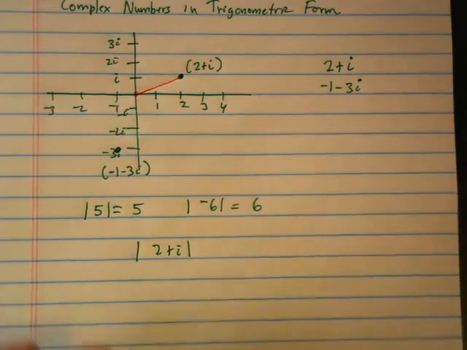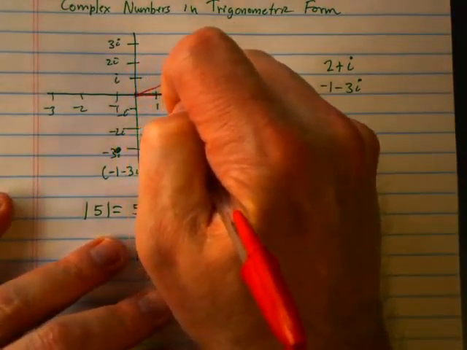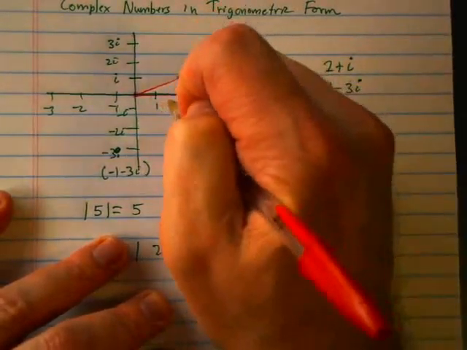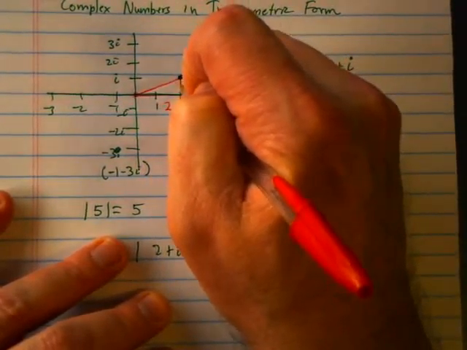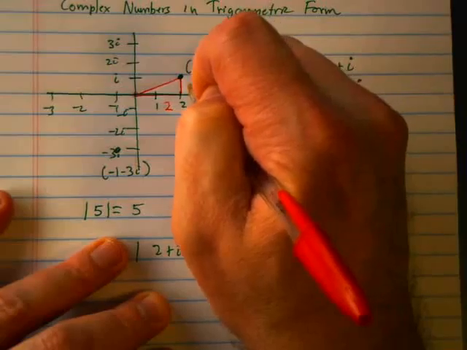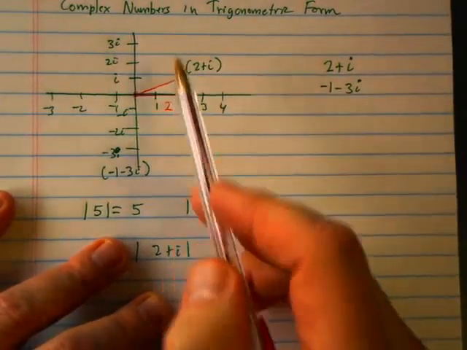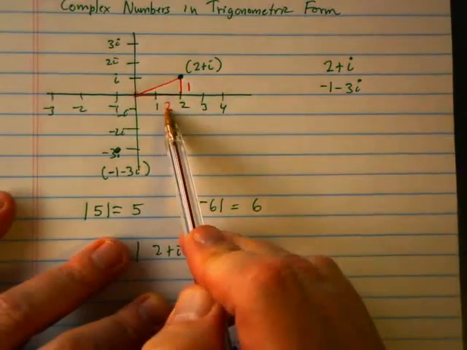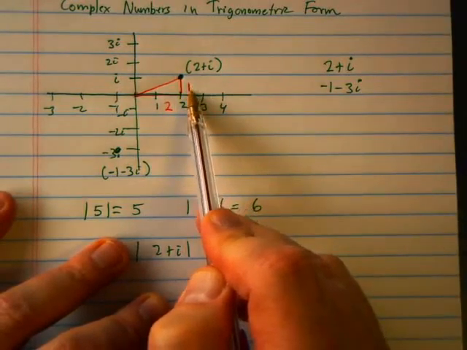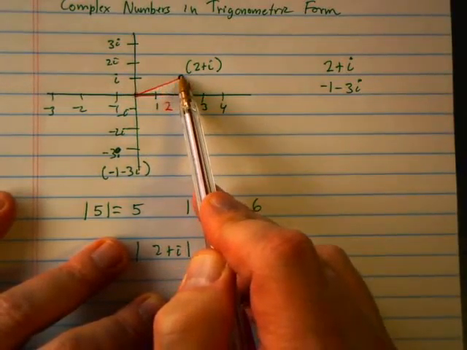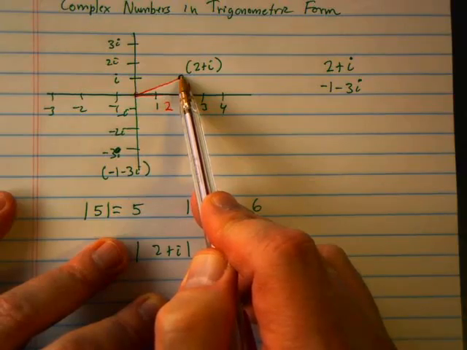Well, let me ask you a question. How far is this distance? 2. How far is that distance? 1. 1i. Its length is 1. If this distance is 1 and if this distance is 2 and that distance is 1, how would you find that distance? Pythagorean theorem.